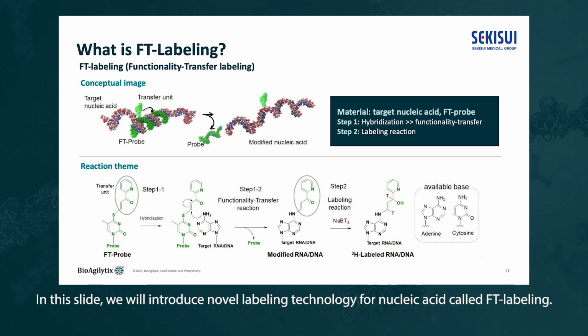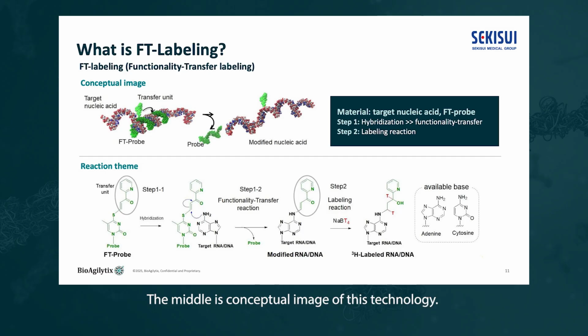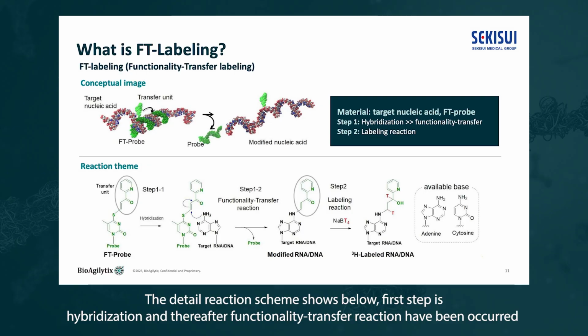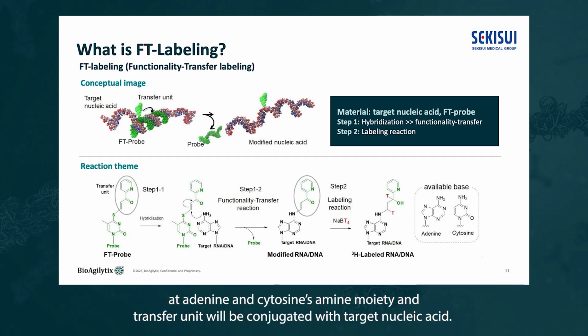In this slide, we will introduce a novel labeling technology for nucleic acid called FT labeling. The middle is a conceptual image of this technology. Red and blue show the target nucleic acid, and green is the complementary strand of the target nucleic acid, including a transfer unit. The detailed reaction scheme is shown below. The first step is hybridization, and thereafter the functional transfer reaction occurs at the adenine and cytosine amine moiety, and the transfer unit is conjugated with the target nucleic acid.